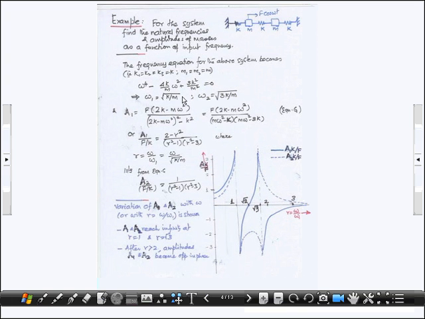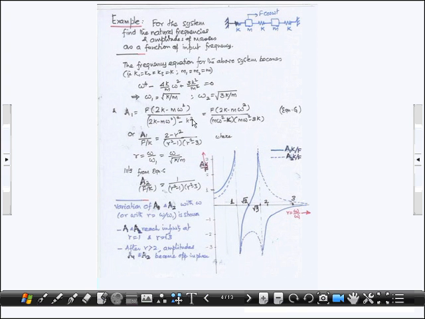When you substitute k1 equal to k2 equal to k3 equal to k, and m1 and m2 both equal to m, into the previous amplitude equation for a1, this is the reduced form for the amplitude a1.